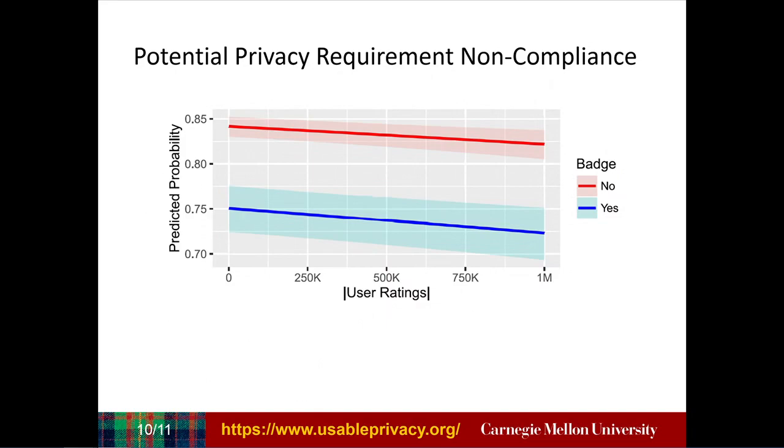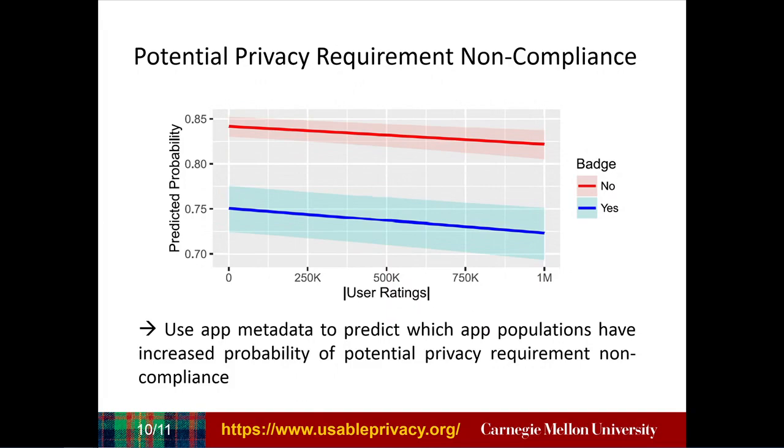Apps that have such a badge are not as likely to have a discrepancy between policy and app as others that don't have this badge. And then the more user ratings an app actually has, this likelihood goes down further. So this is a logistic regression model that predicts the likelihood of having at least one potential non-compliance. So it's possible to use app metadata to predict which app populations have increased potential of privacy requirement non-compliance.